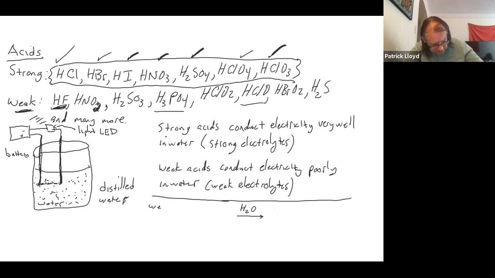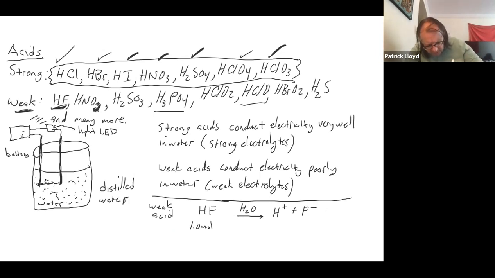So this is a weak acid. So there's your HF. If we were to put in 1 mole of HF, a little bit of it would ionize. A little bit of it would be converted into H+ and F-.